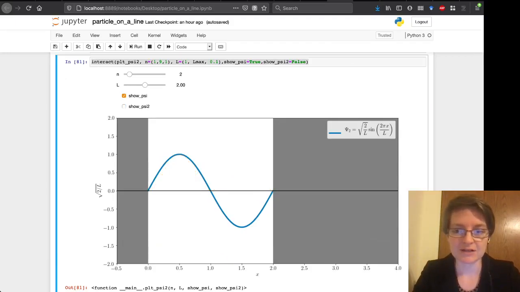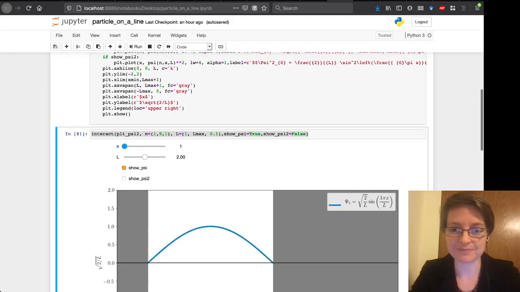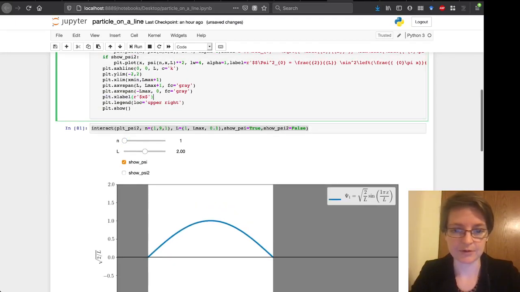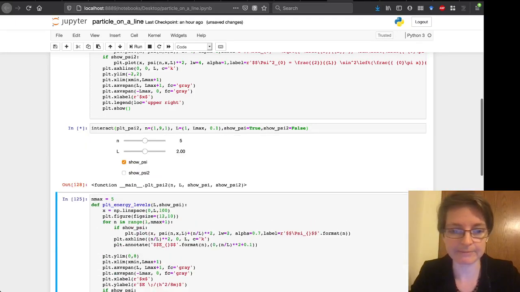Here's my little function, where in Jupyter Notebook you can set interactive sliders. This is going to allow us to visualize all the different solutions to the particle on a line using our little interactive GUI. I'm noticing that I forgot to update my y-axis label, so sorry about that.